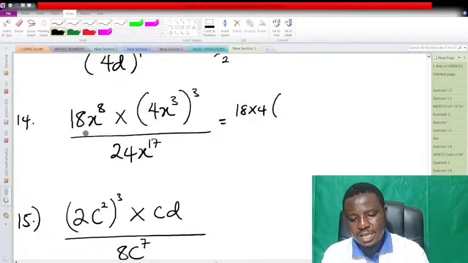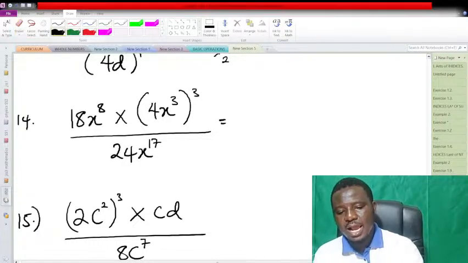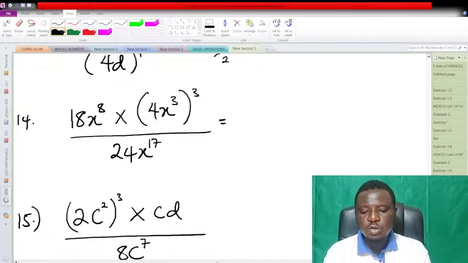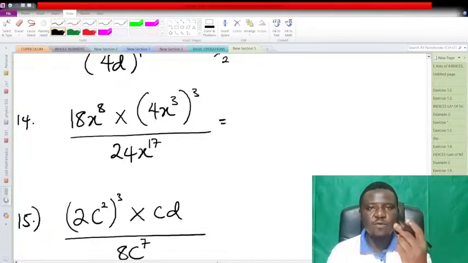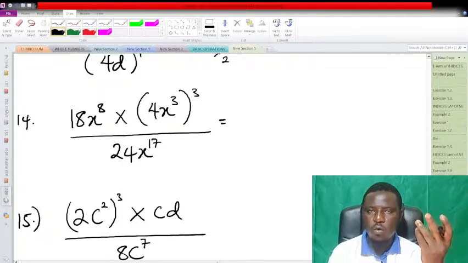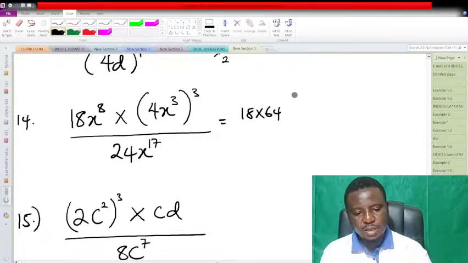Okay, sorry, it's not 18 times 4 because we have cube, and this cube is also affecting 4. Okay, so 4 cube means 4 times 4 times 4. 4 times 4 is 16. 16 times 4 is 64. Okay, so this is 18 times 64 into bracket.